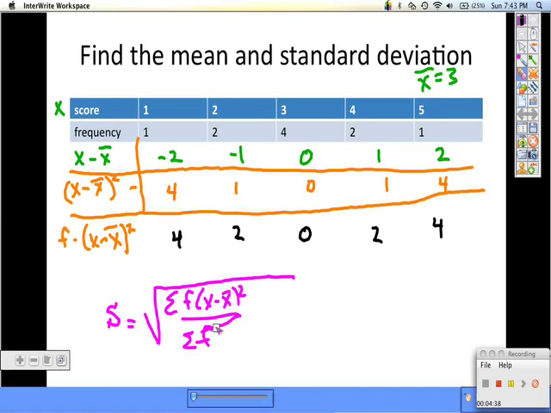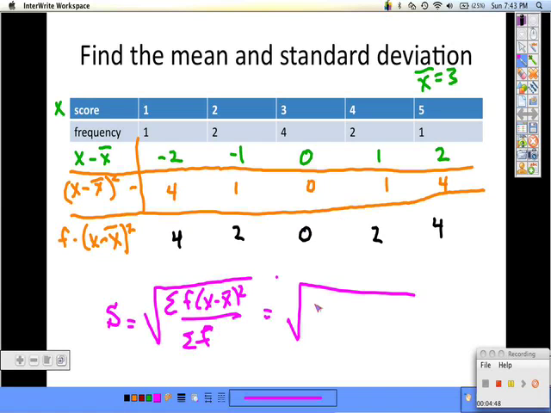So here's that formula for standard deviation. We're going to add up this last row. That becomes the numerator. So we have 12 over 10. Our standard deviation is approximately 1.1.